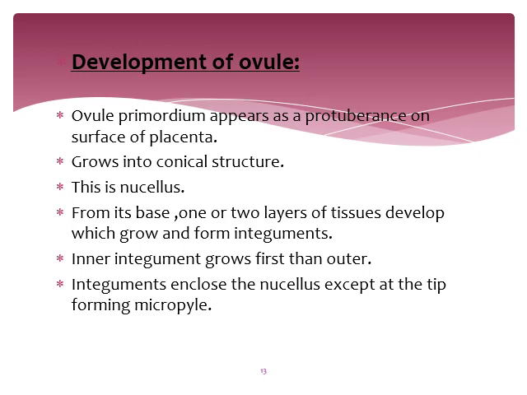Ultimately, with the passage of time and growth, these integuments enclose the whole portion of the nucellus except at the tip. That tip ultimately forms a micropyle.